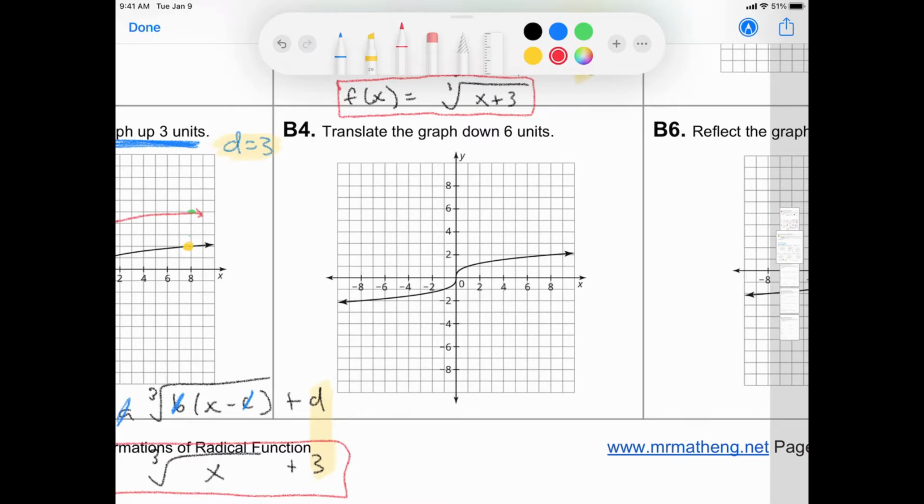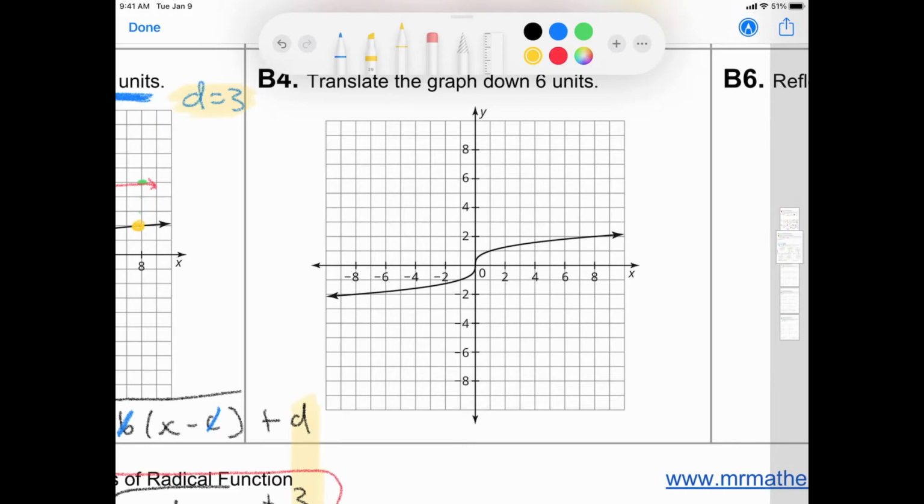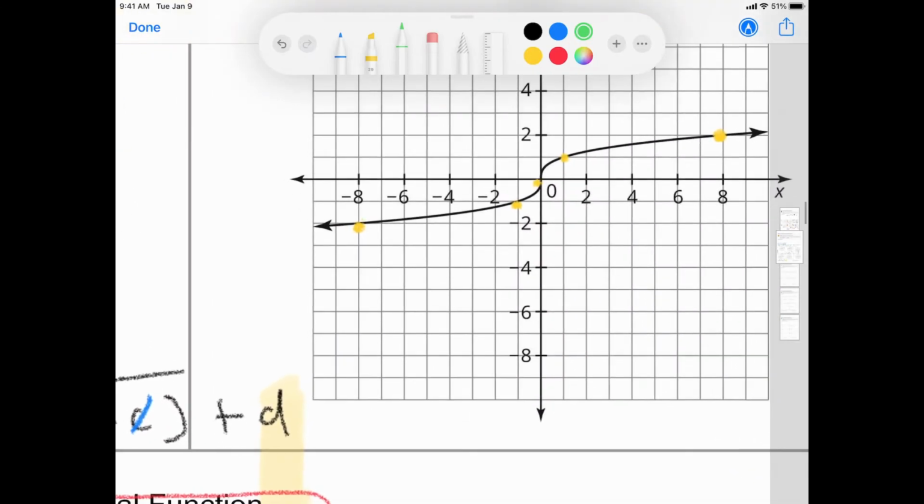All right, B4, that tells us to translate the graph 6 units down. Let's just graph this really quick. I'm going to use reference points. Cube root of -8 is -2. Cube root of -1 is -1, 0 is 0. Cube root of 1 is 1, and cube root of 8 is 2. And to go down 6 units, I just count down. 1, 2, 3, 4, 5, let's do that different color, 6.